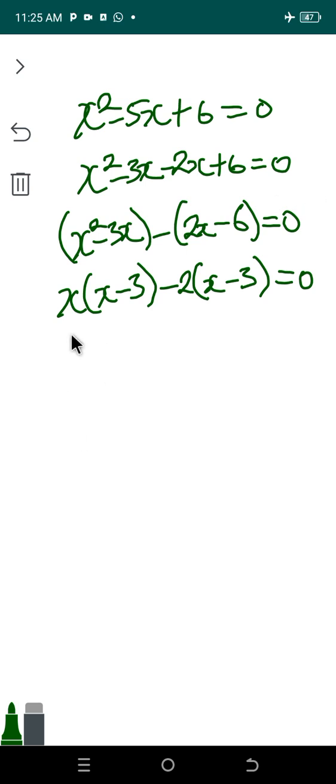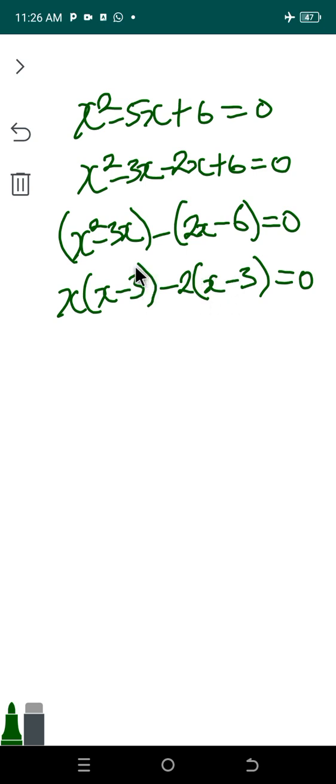So at this point in time, there is one thing you need to observe, which is you can see that this bracket is the same thing. What is in the bracket here is the same thing as what is in the bracket here. Is being attached to x, so it is common on both sides. So it is a common factor among this expression here.